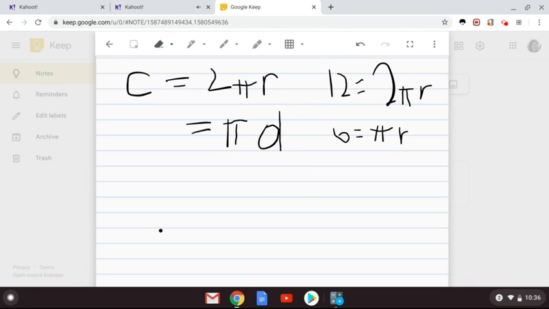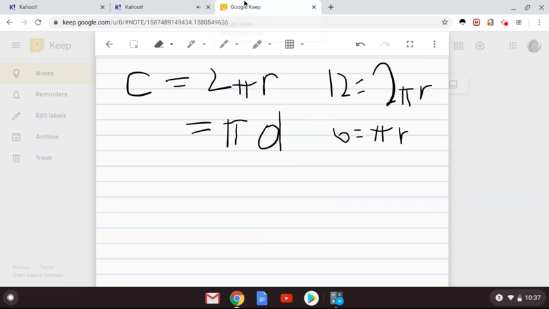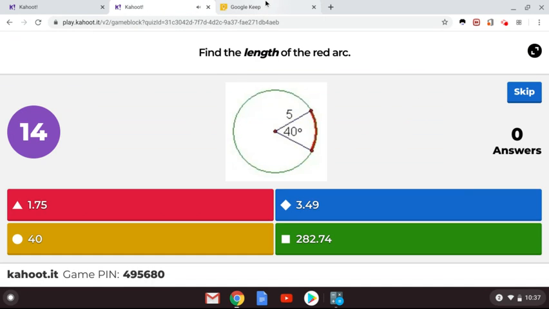Okay, so for the arc, it is the measurement of this portion. So it is 40 over 360 times 2 pi r, times 5.